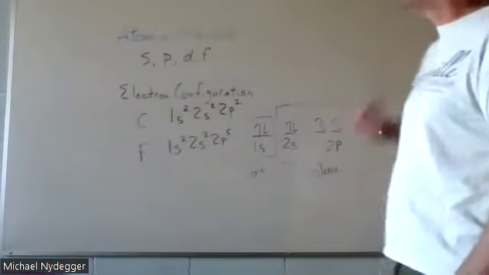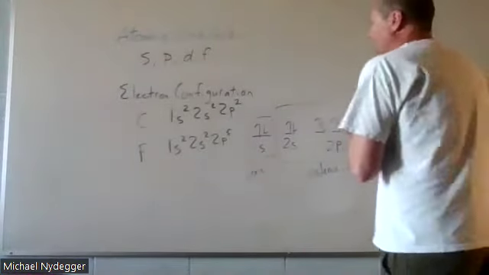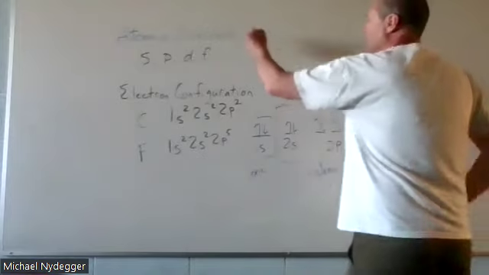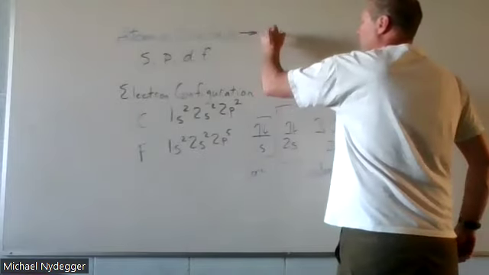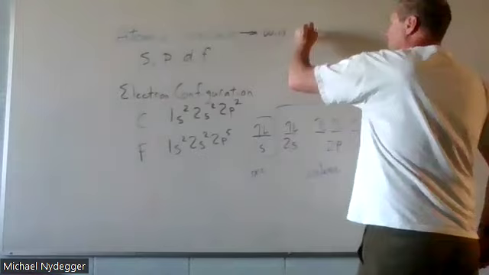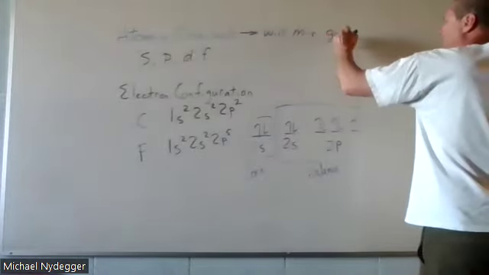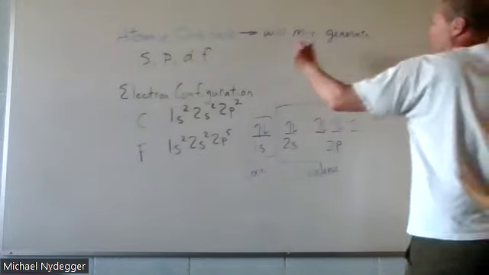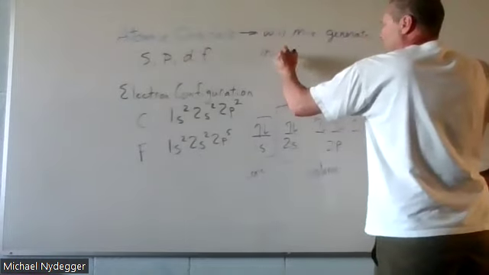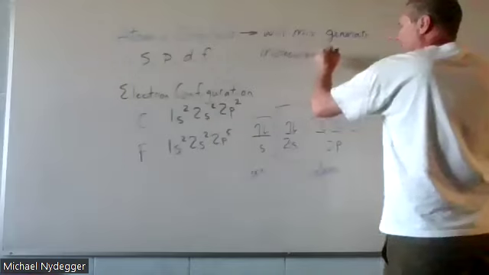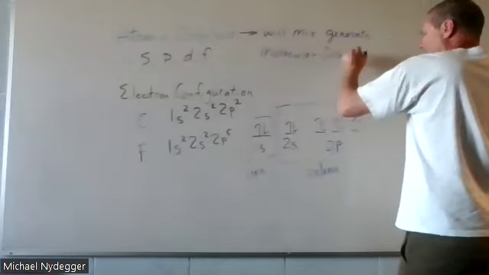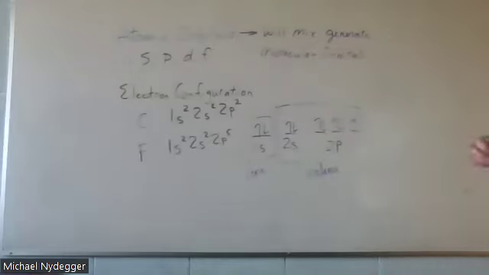Now what happens is that these atomic orbitals will actually mix. And what happens is they then generate what are called molecular orbitals.